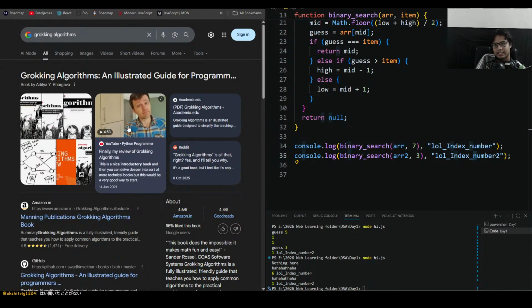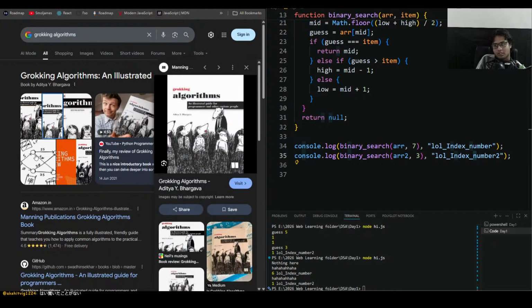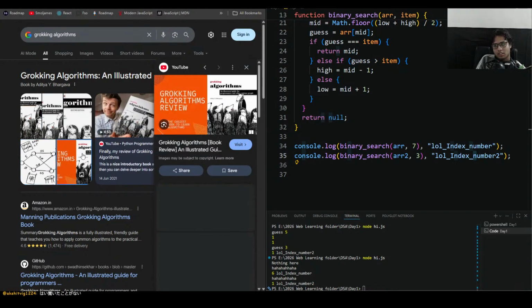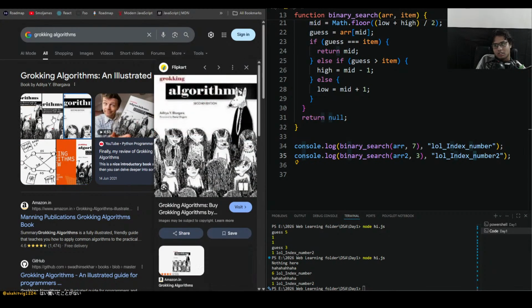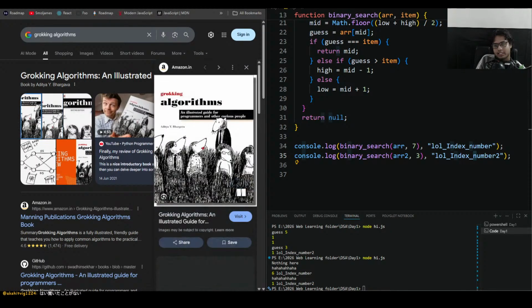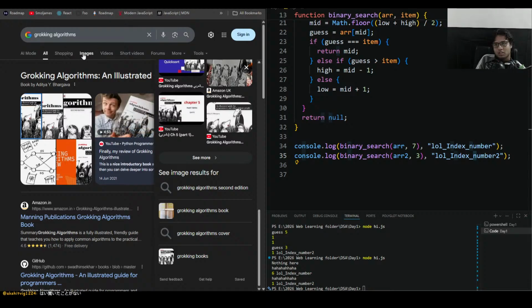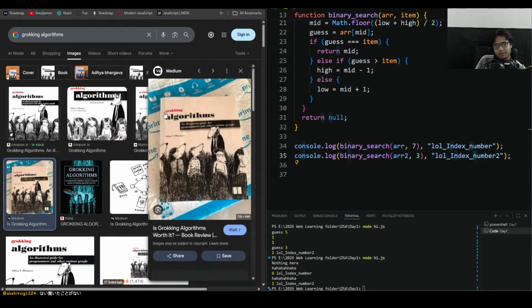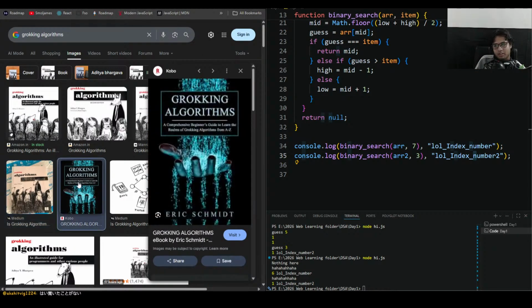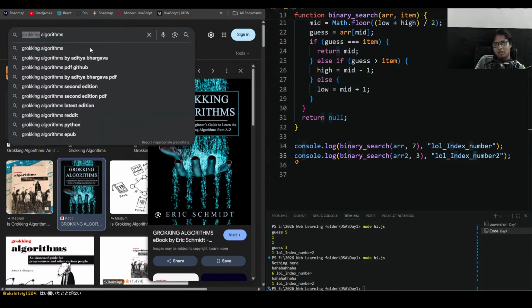It's by an Indian guy. That's good. Second edition book. What's this? Grokking. What's grokking? What word is that? What does it mean?